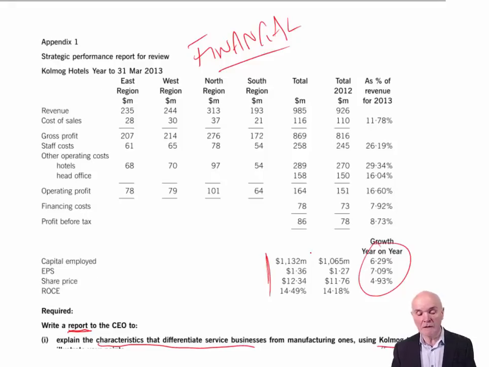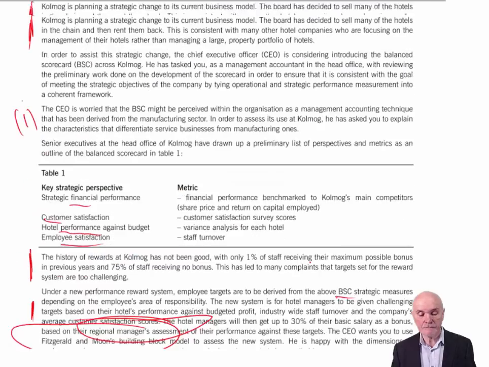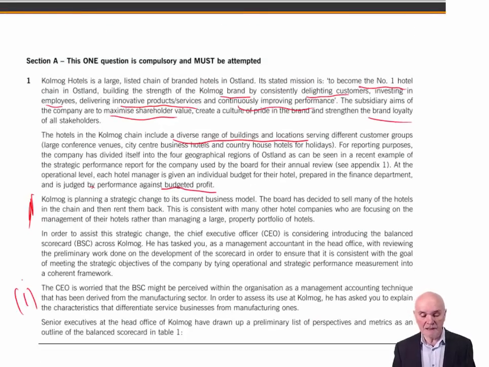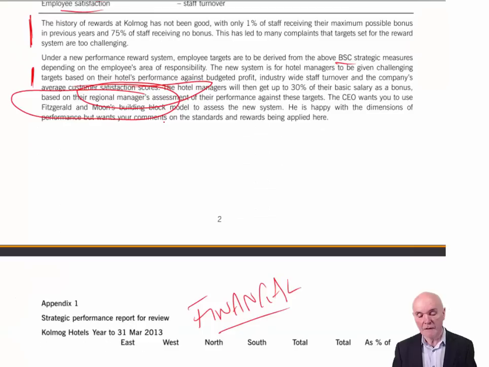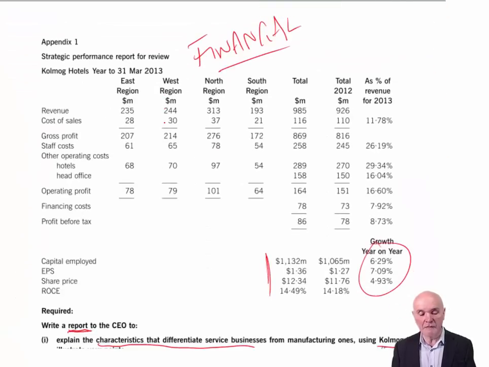We were told at the start that the hotels include a diverse range of buildings and locations, serving different customer groups: conferences, business accommodation, receptions, holidays, and so on. Within the hotels, they've probably got little sub-ranges.